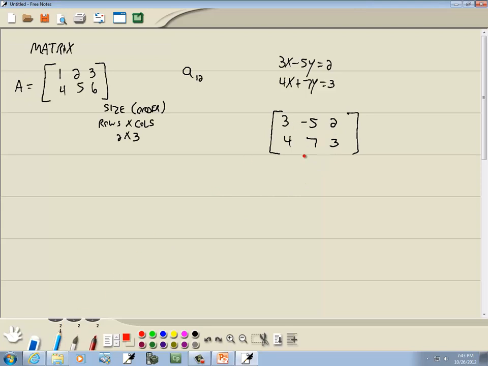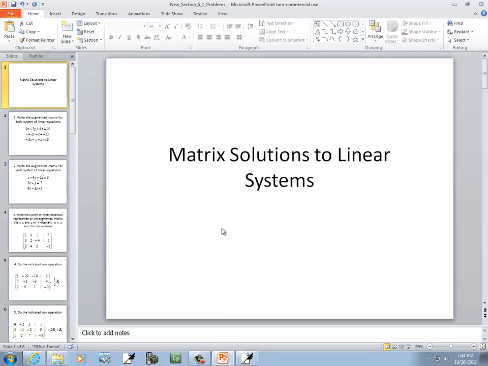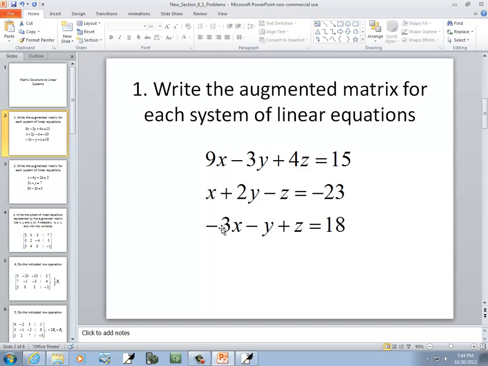I'm just going to leave it blank like that. And this right here is called our augmented matrix. And these first problems just want us to work with that.